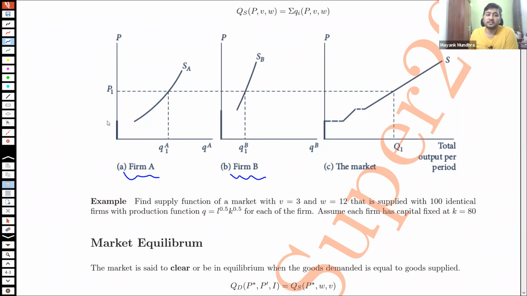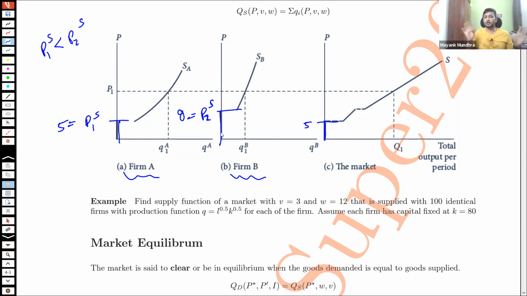So this firm shuts down at P1 shutdown, and this firm shuts down at P2 shutdown. Suppose that P1 shutdown is less than P2 shutdown. Suppose this price level is 5, this price level is 8, for example. Till price level 5, no firm wants to supply. Both firms stay out of the market, so the total market supply is going to be 0.